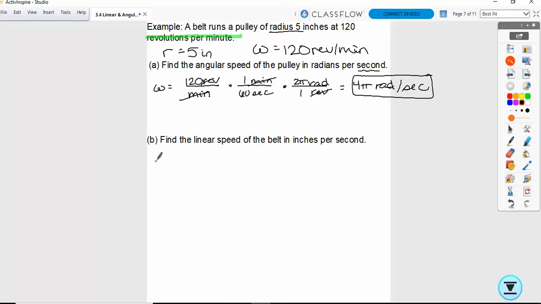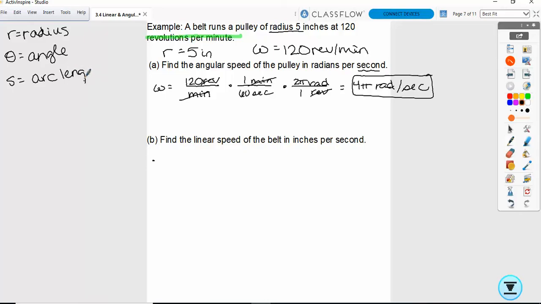Part B says find the linear speed. Linear speed is what variable? Well, process of elimination. What does R represent? Radius. What does theta represent? The angle.